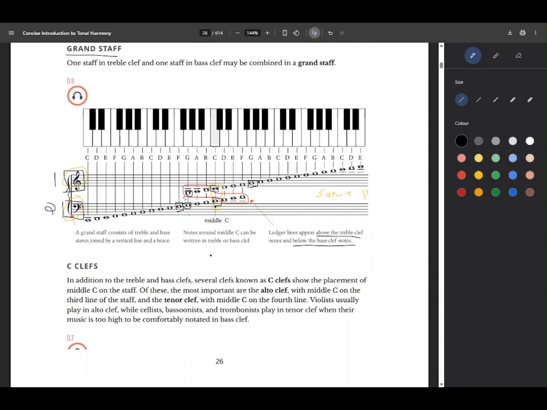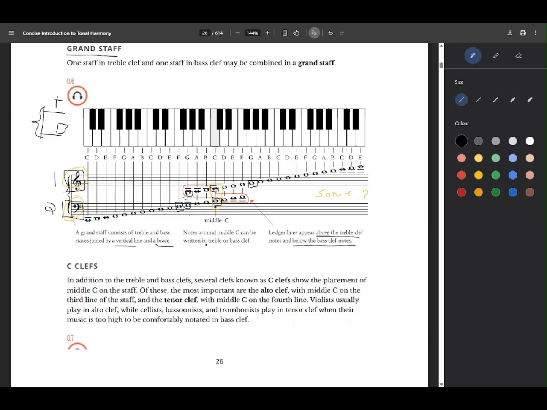Reading what the book has to say here, the grand staff consists of treble and bass staves joined together by a vertical line. So yes, you have your treble there, you have your bass here, and they're usually connected by this little squiggly bracket, a vertical line or a brace. It's less important, but just know that they're connected with this little fancy bracket.